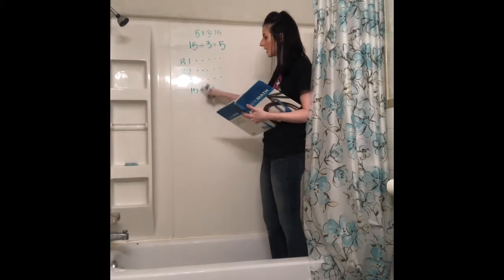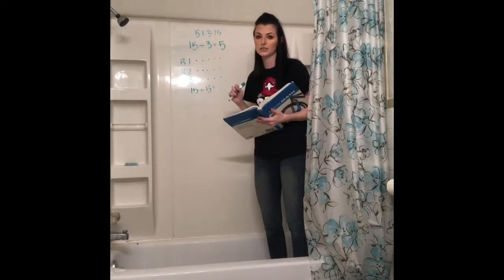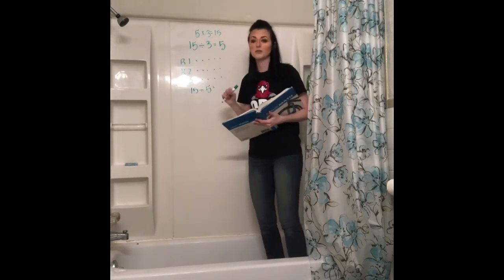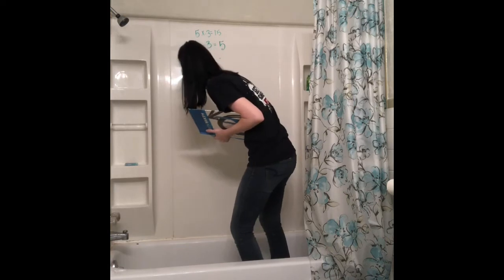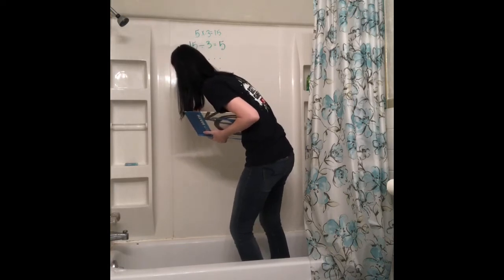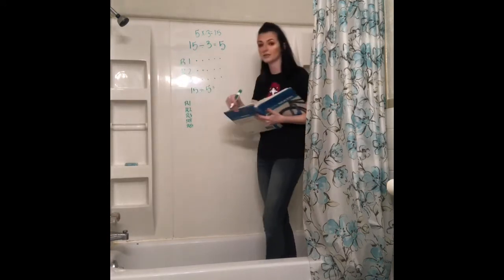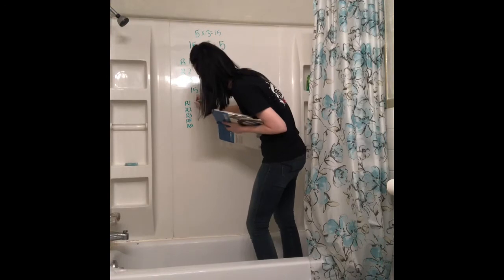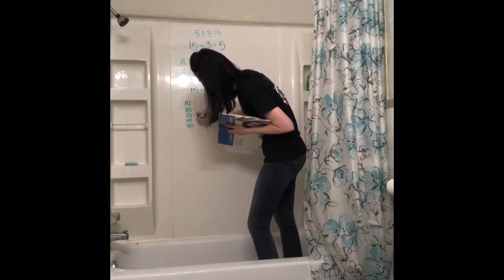This time I'm going to have the same 15 students, but I'm going to put them in 5 rows instead of 3. So row 1, row 2, row 3, row 4, and row 5. And I'm going to count to 15 again. 1, 2, 3, 4, 5.